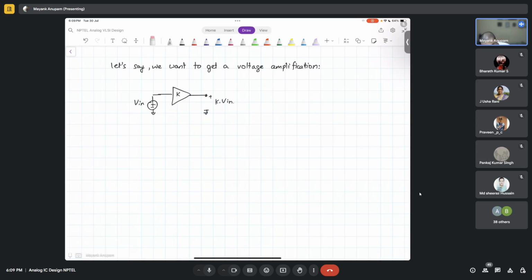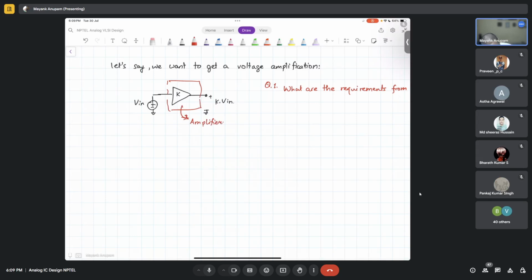And what all things should you expect from this voltage? So there are two questions. The first question should be: what are the requirements from this box, this amplifier?